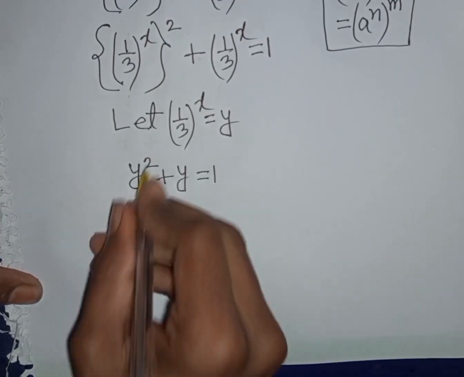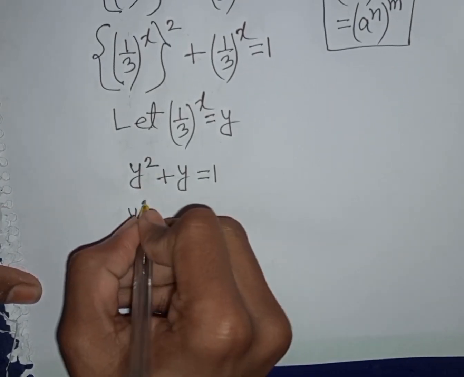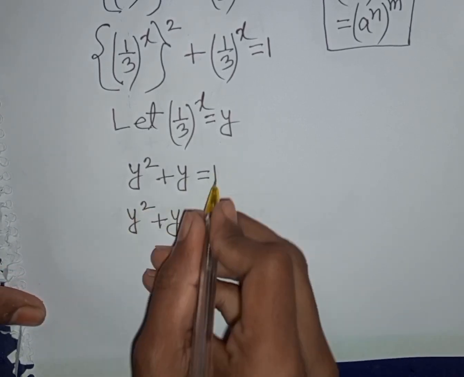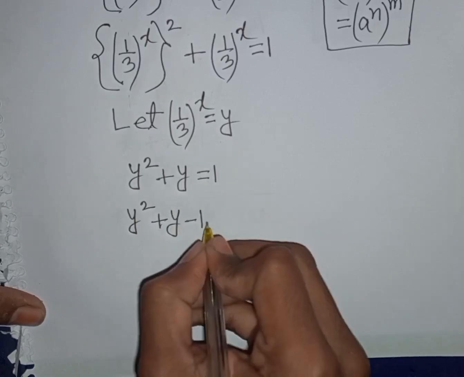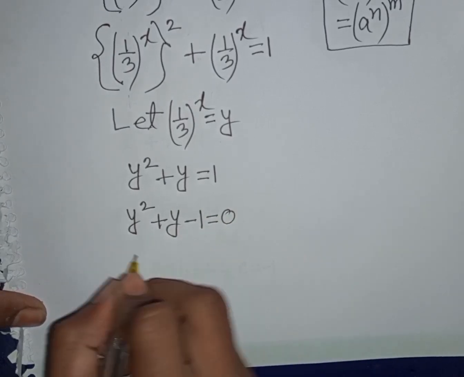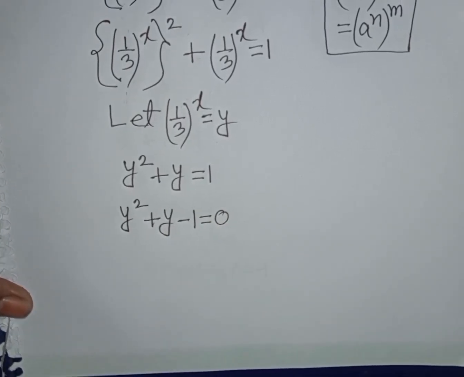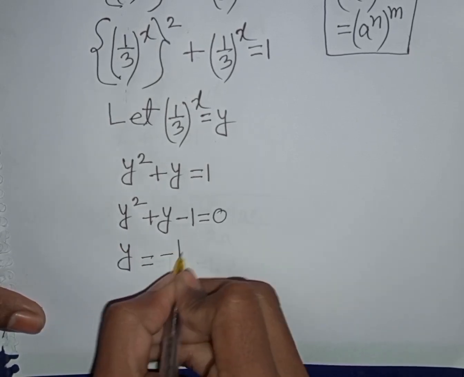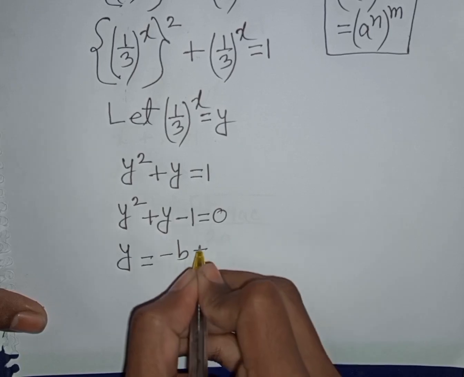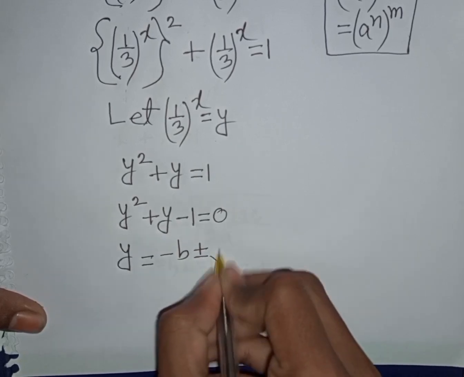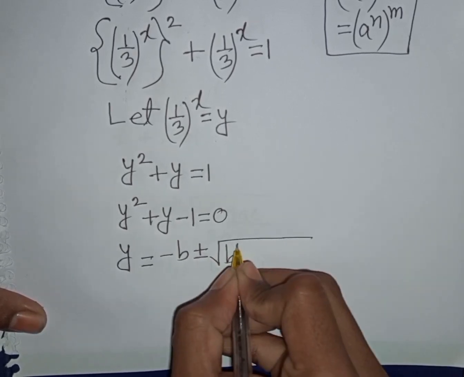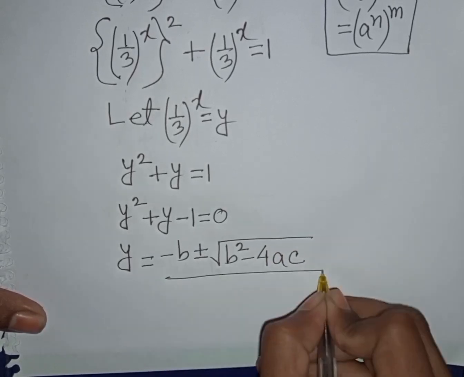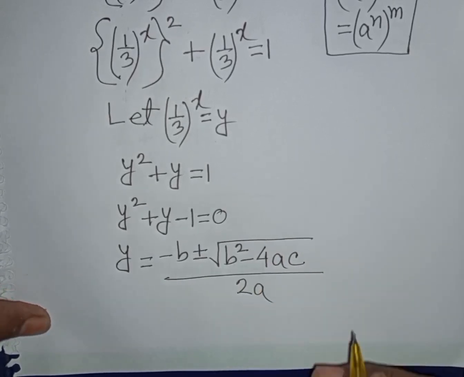Now we can write here y square plus y, then this plus 1 take to the left side, so this will be minus 1, is equal to 0. Now here I can apply the quadratic formula, so I can write y is equal to minus b plus or minus square root of b square minus 4ac divided by 2a.